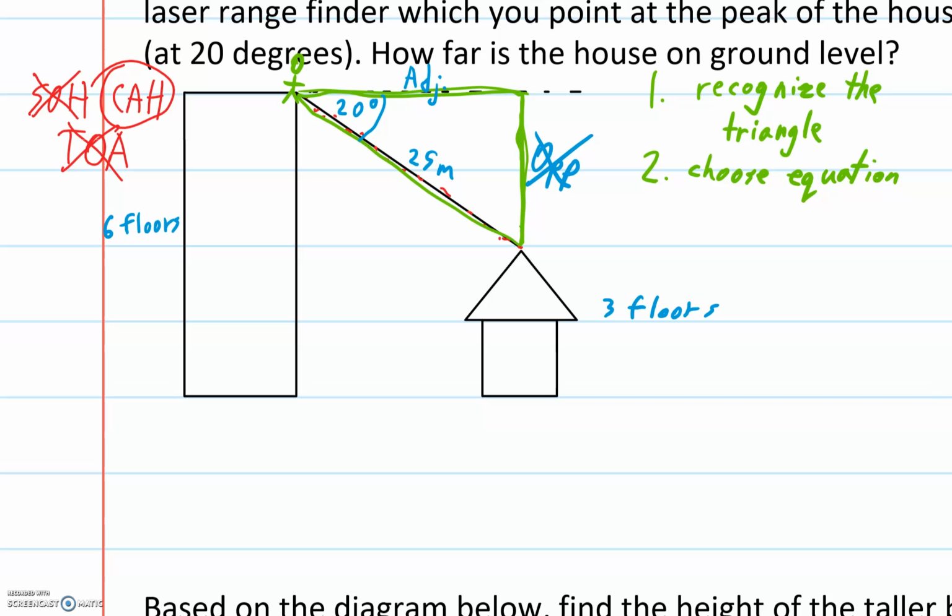So we use cos theta equals, actually, let's use the actual numbers here. Cos of 20 degrees equals adjacent, which we don't know, I'll just leave it A, over hypotenuse, which is 25 meters.